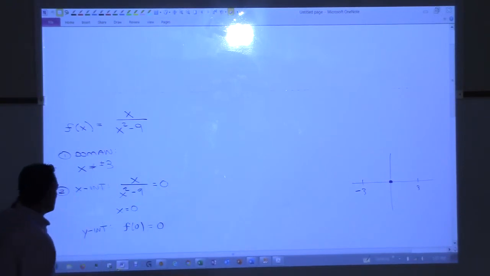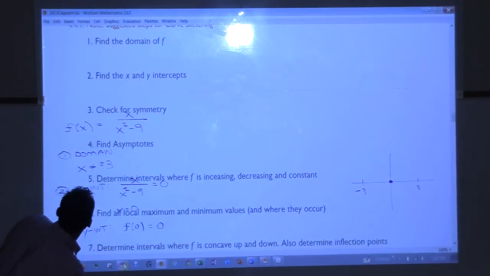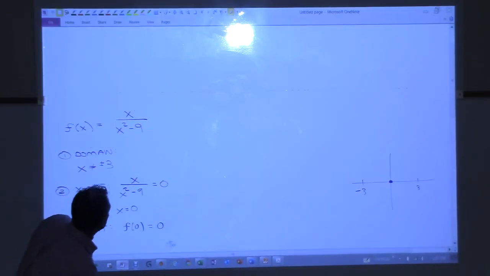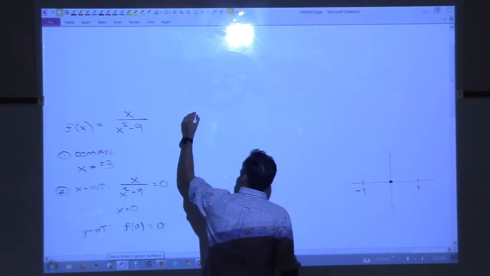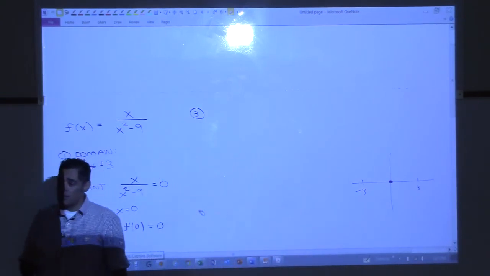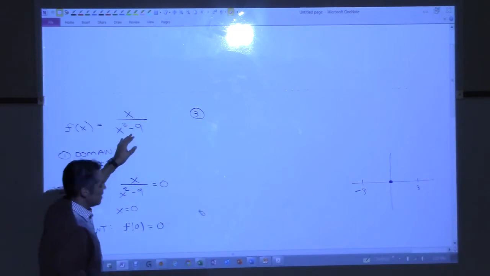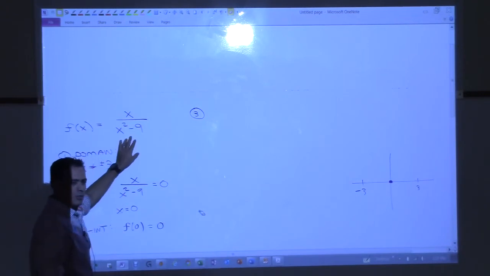Okay, so x and y intercepts, good? All right, now in terms of symmetry, I would say on this step, if it's obvious to you that it's symmetric, then let's state it. If it's not obvious, let's just move on. You might look at this and just not be sure.